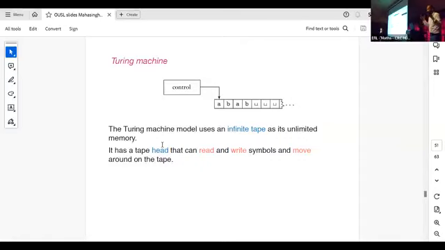Likewise, whatever you can do on a computer or the smartphones you have can be simulated on this machine, if you have a very long tape made of cells like this. Whatever activity you have done on your computer or smartphone can be simulated on that sort of device, and then it becomes mathematics.